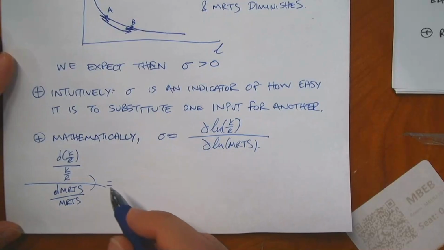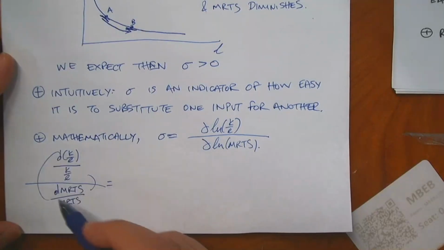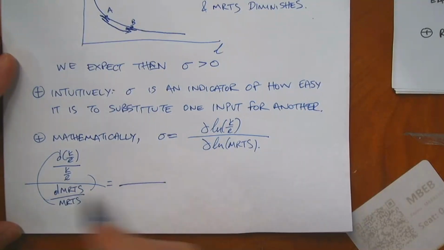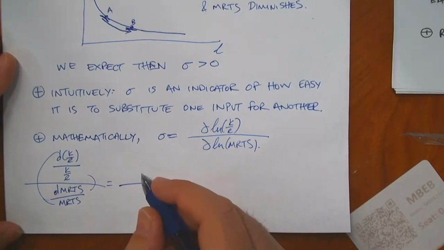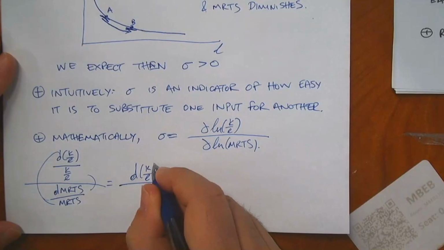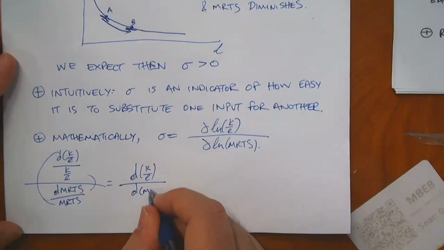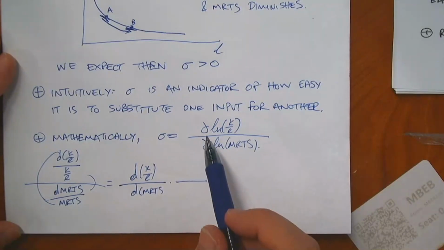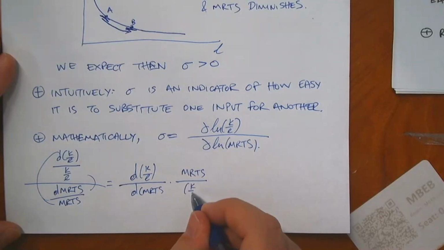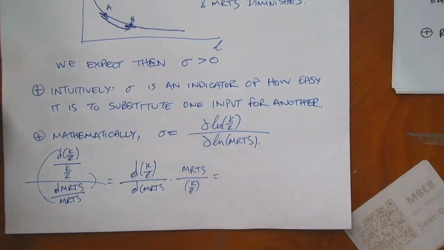So we can pull these in the denominator, these two on the numerator at the outside. You can form an expression with the derivative components on the one side, del MRTS, and then multiply that with MRTS by K over L. Okay, so you see how I did that simplification of the more complex ratio.